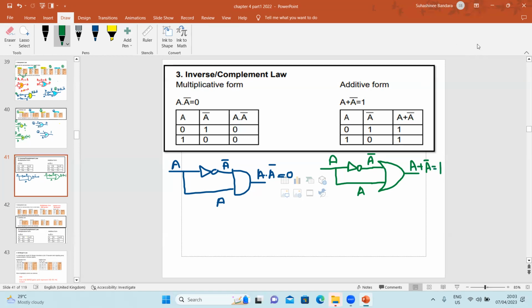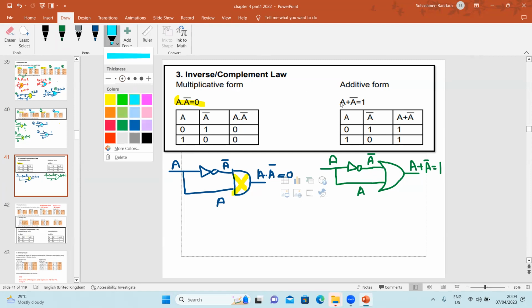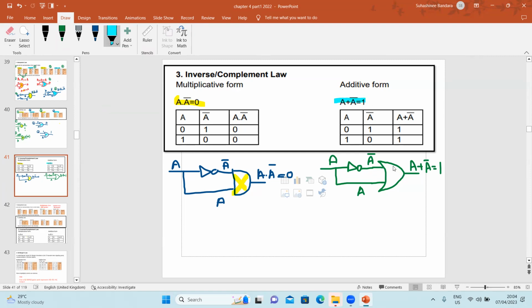Okay, quickly copy down both. We call this one the multiplicative form, because the multiplication AND gate is there. The other one we call the additive form, because addition is there.